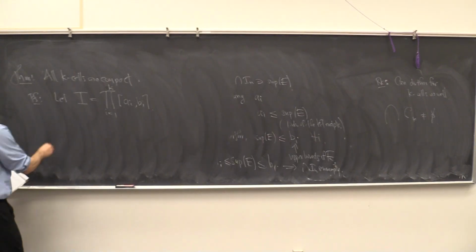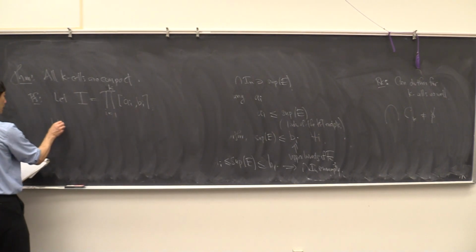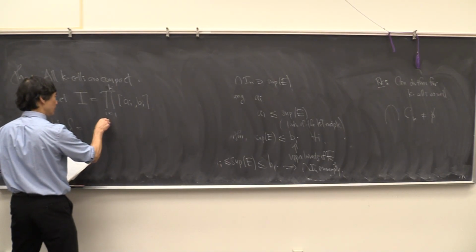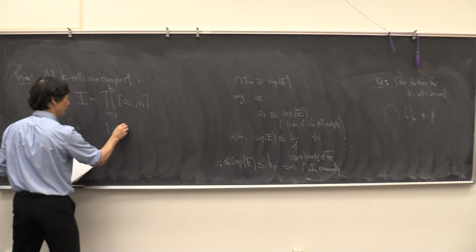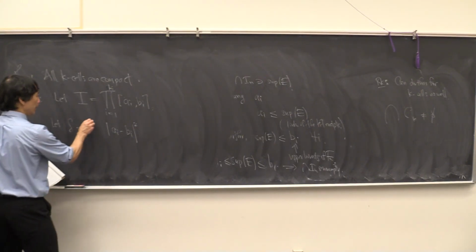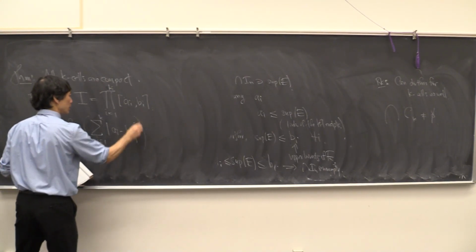Let delta be, you take the length of each interval and you square it, and then you sum all those, i equals 1 to k, and you take the square root of that.